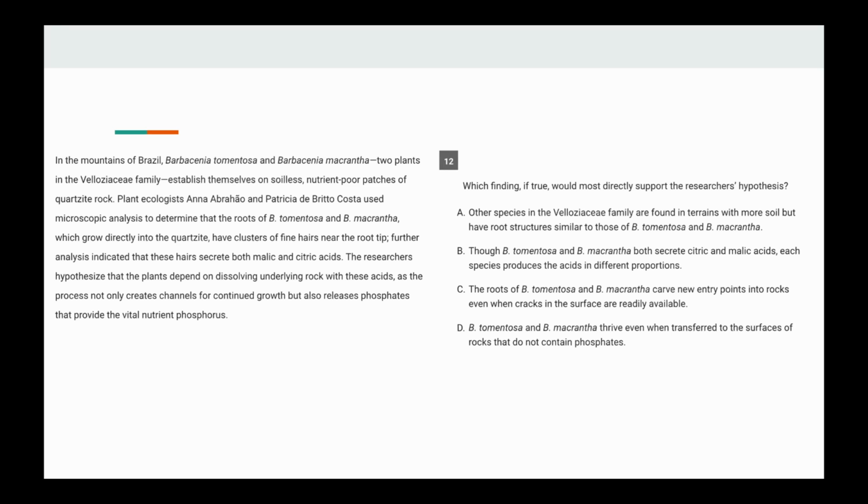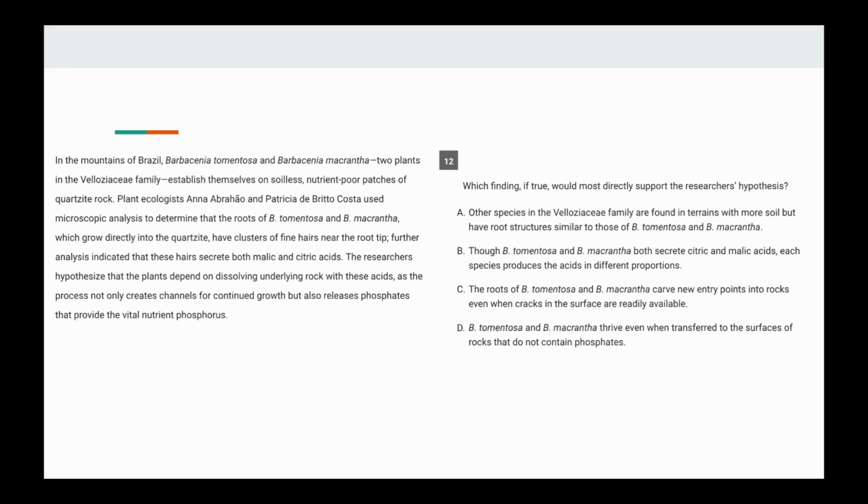Support the hypothesis. Okay, so we know that there is some hypothesis and we need to support it. Clear as that. In the mountains of Brazil, Barbacenia tomentosa and Barbacenia macrantha, two plants in the Velloziaceae family, established themselves on soilless, nutrient-poor patches of quartzite rock. Okay, so the rock is soilless and it's nutrient-poor.